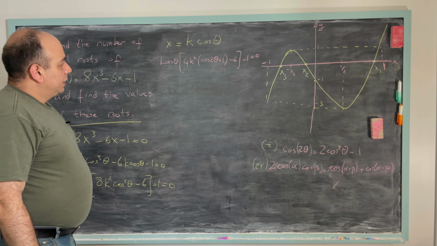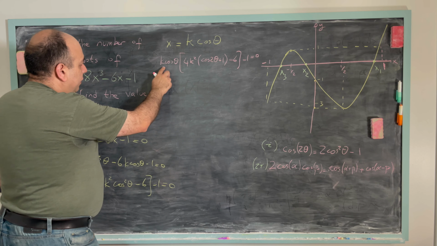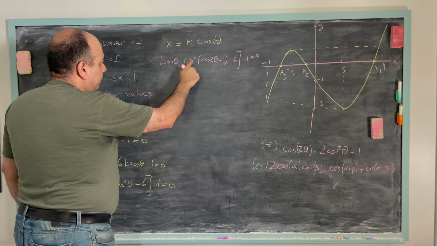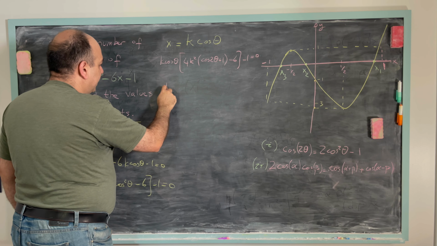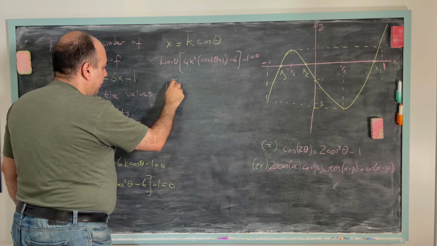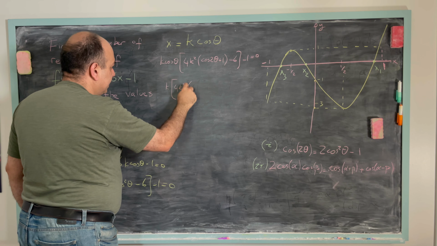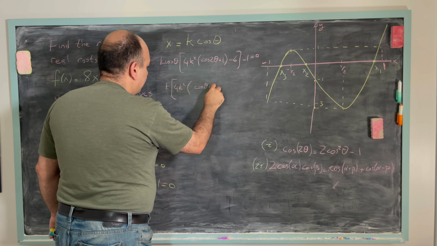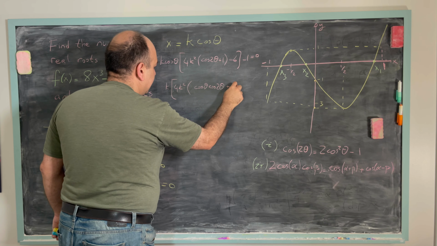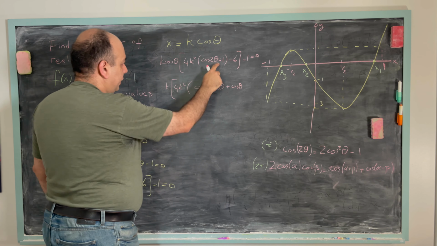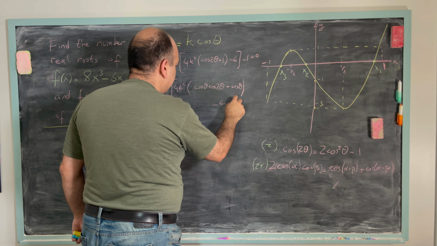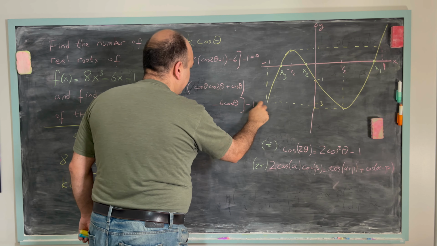This is good. So now I can distribute this cosine theta over these terms. I'll have k times 4k squared parentheses, cosine theta cosine 2 theta plus cosine theta, right? And then minus 6 cosine theta, close the parenthesis, minus 1 is equal to 0.